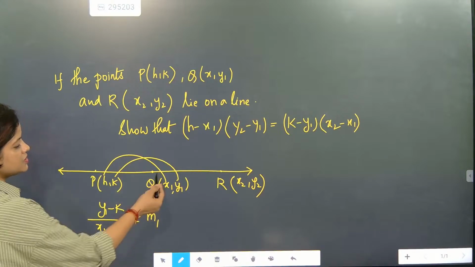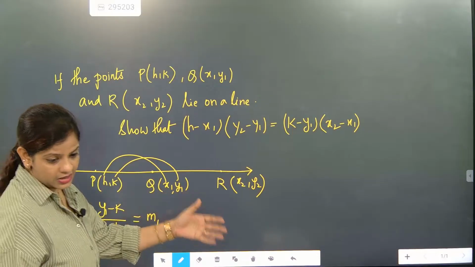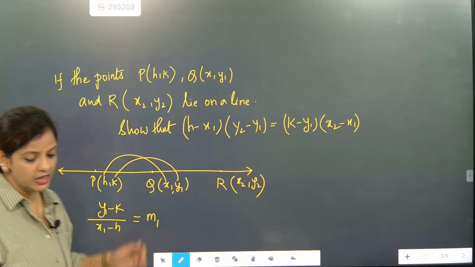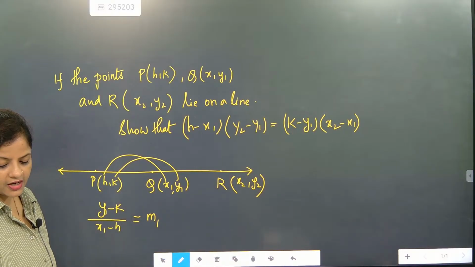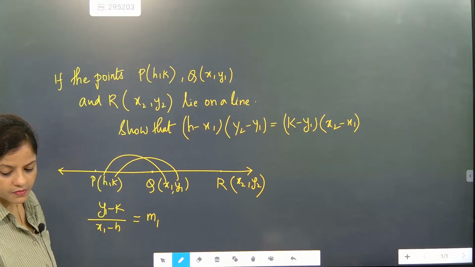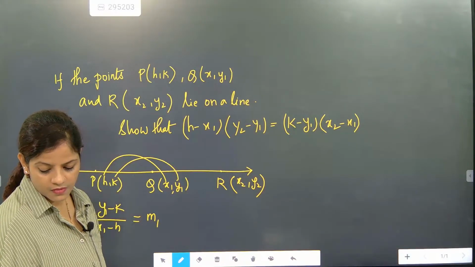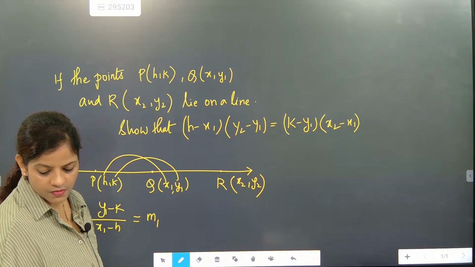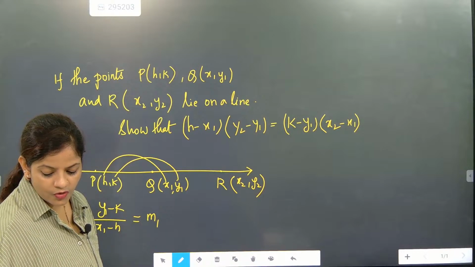Now, since another point is present, see, the 3 points are there on a line, so the slope formed will be equal.